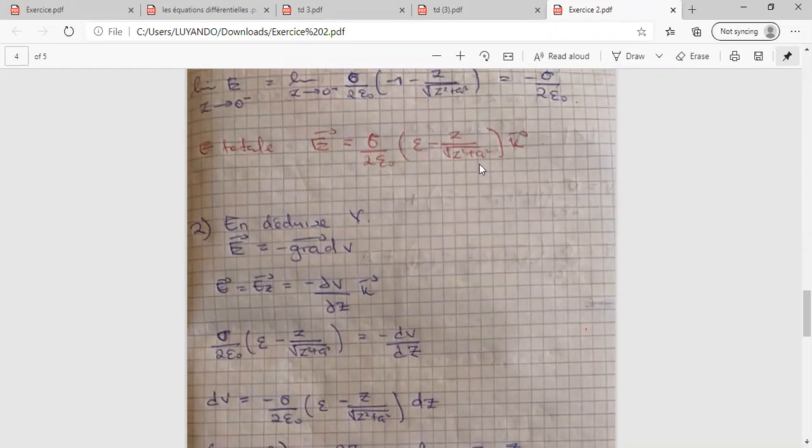But since our E is in the k direction, Ez is equal to negative grad V, and grad V is dV over dz in the k direction. So if we divide to eliminate the negative sign, we have our expression of E, which is this.